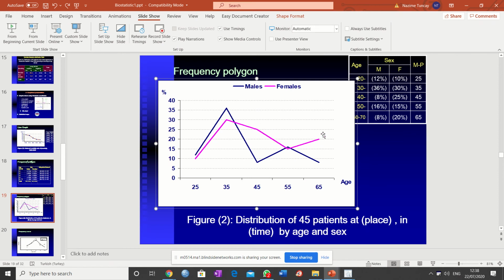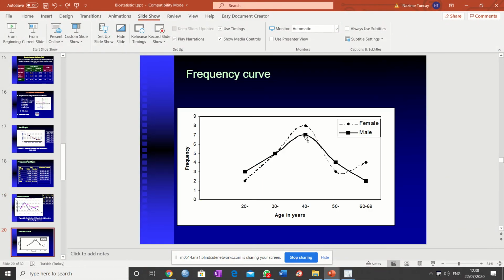And then here, again, the female patients above 65 are higher than male patients with ages 65. Okay, so as the line goes from 55 to 65, we see that there is a decrease in the male patients. Okay, this is the frequency polygon, and we have a curve.